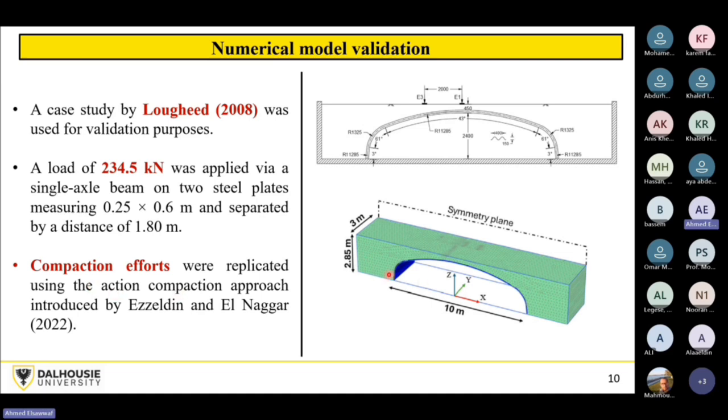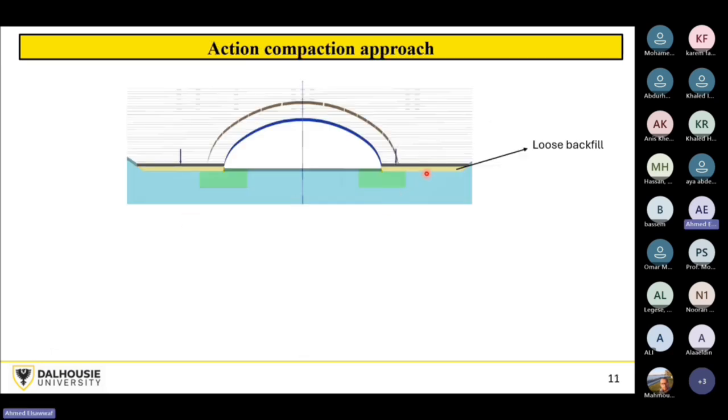And to simulate the construction process of this bridge, and in the parametric study as well, we have used the action compaction approach, which is proposed in detail by Ezzeldin and El-Naggar, and it was tested and verified against field tests in 2022. So what's the compaction approach about? It starts with placing our backfill on both sides to have balanced backfilling, but in a loose state.